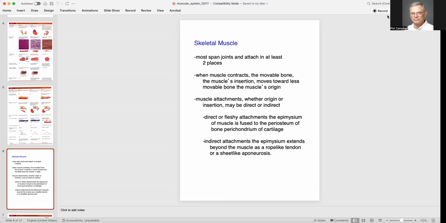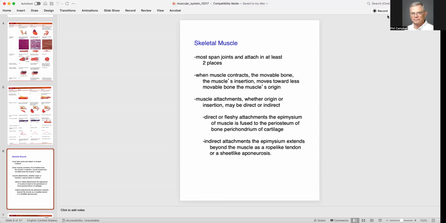There are actually two ways in which they can attach to bone. They can directly attach to bone. There is no intermediary. These tend to be rare. Most muscles attach to bone via an intermediary structure, which we call a tendon.